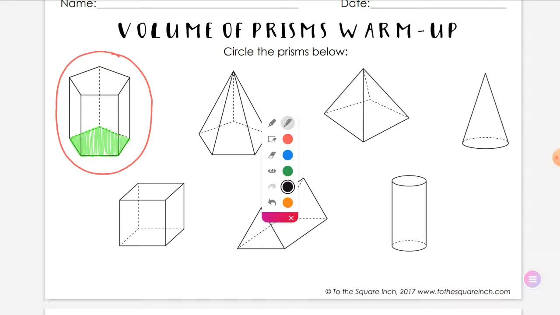And then with your pencil, just write like 20 square units. And then with your pencil, label out here 10 units.